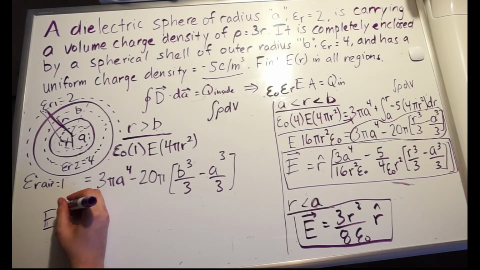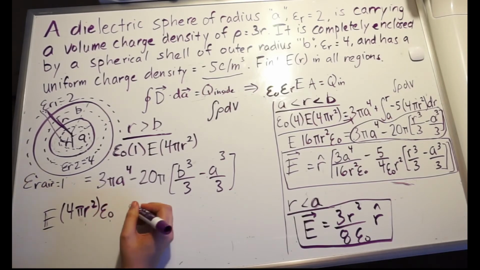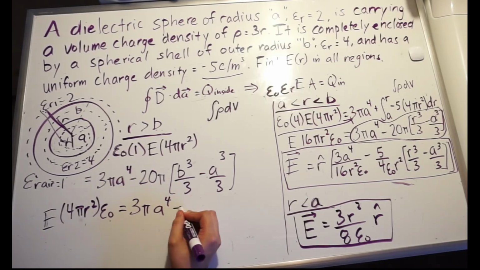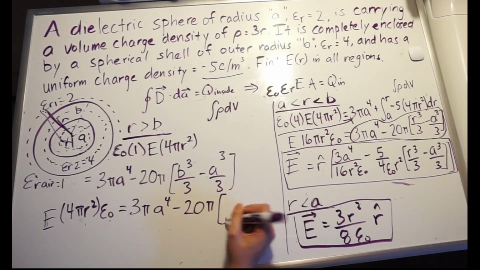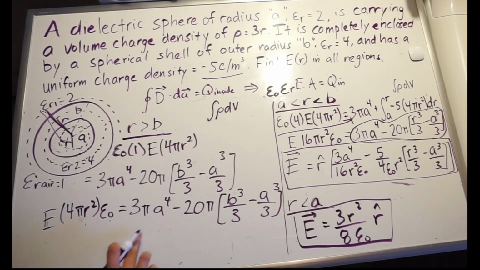This becomes E times 4 pi r squared epsilon naught is equal to 3 pi a to the 4 minus 20 pi times b cubed over 3 minus a cubed over 3. Okay, and then we can simplify by taking this divided by this.